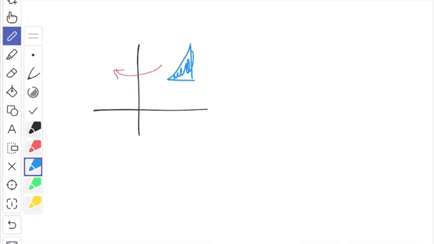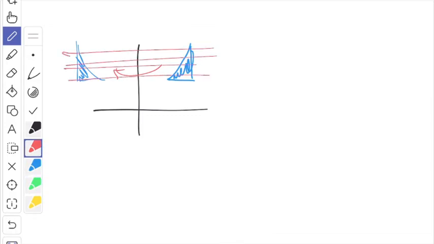You could do this one with the shells or with the washers, but let's do it with the washers this time. In order to get the washer shapes, you're going to have to slice it up this way, which means my integral will be dy, not dx, which means you have to rewrite x in terms of y, rather than y in terms of x.